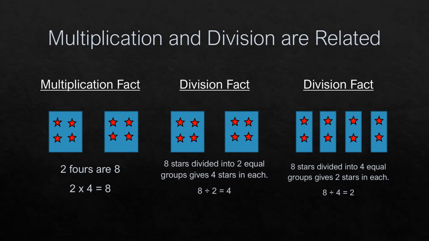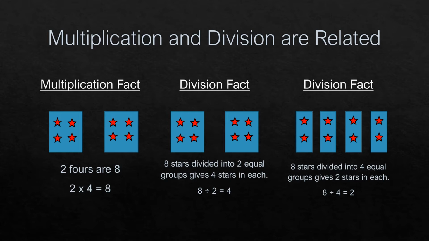Children, here we will learn how multiplication and division are related. In multiplication fact, look, two groups are there and each group has 4 stars. Two groups, 4 stars.